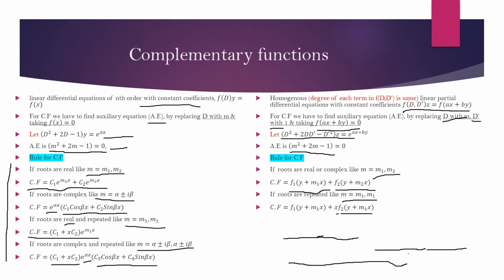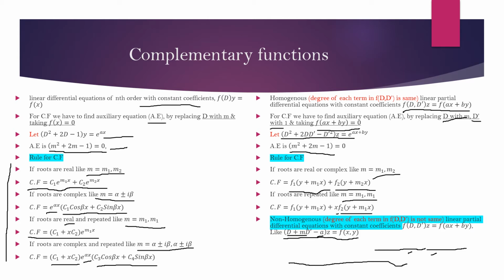Then we compare both terms with D plus mD dash minus a. We get the value of m as minus m1 and the value of a is a. In the second term, the value of m is minus m2 and the value of a is b. So the solution will be e to the power ax f1(y plus m1x) plus e to the power bx f2(y plus m2x).